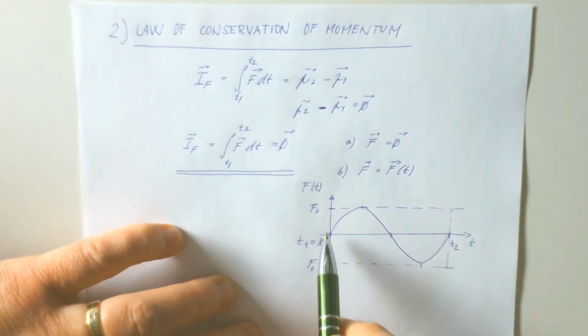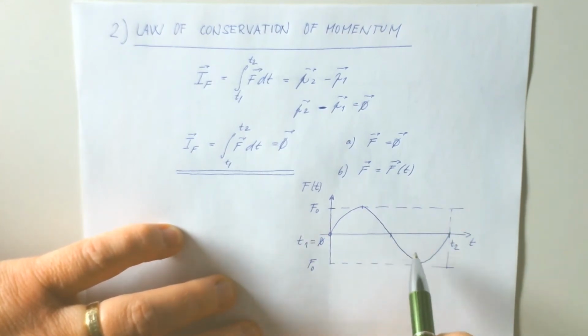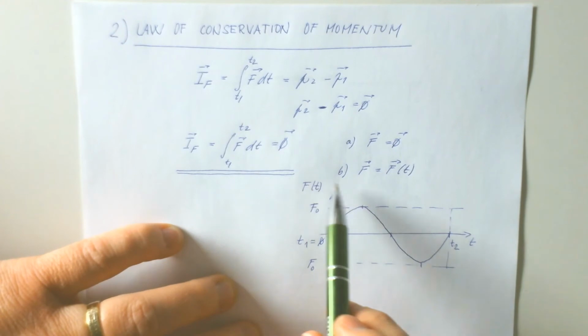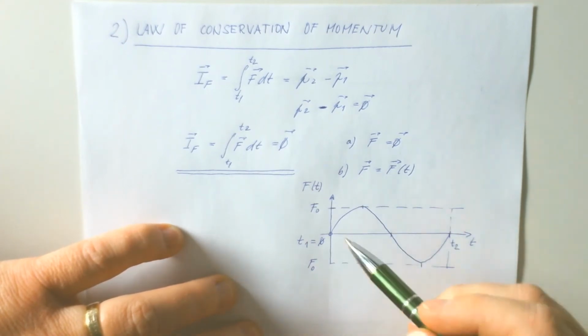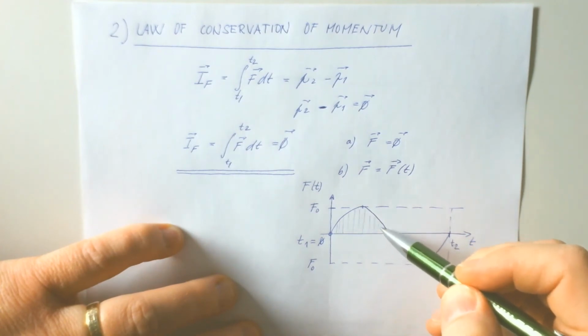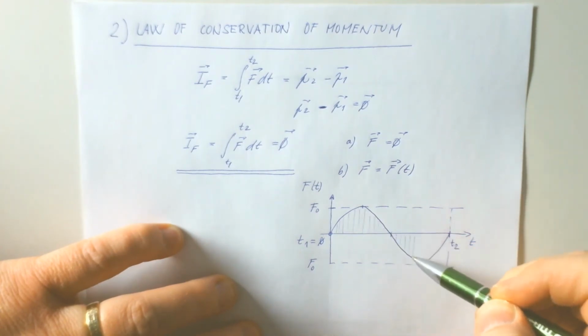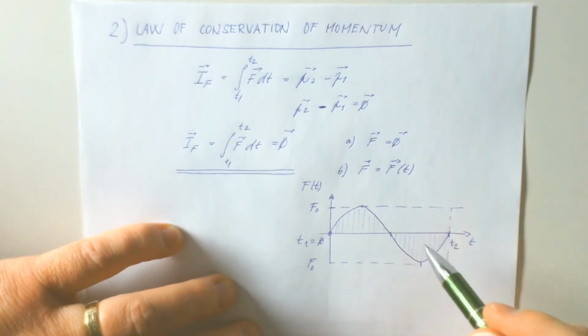Okay. So if this function is, for example, a sine, and we make an integral of this function in time, by integrating this function we get the area of the curve.